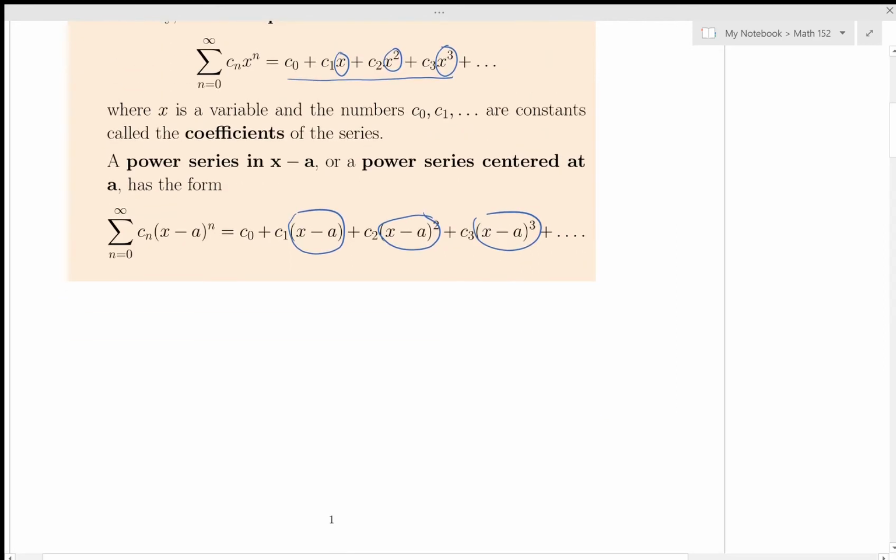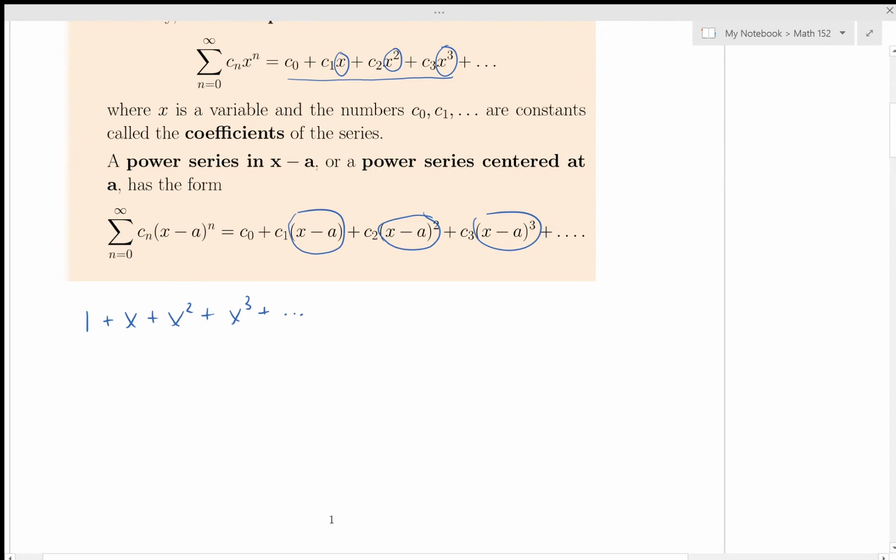Okay, so let us just take a first look at the most basic power series, and then we'll look at something a little bit more complicated. So I think the most basic power series is when we set all of the coefficients to 1. So let's take a look at this. This is 1 plus x plus x squared plus x cubed plus ... Okay, and what does that equal?